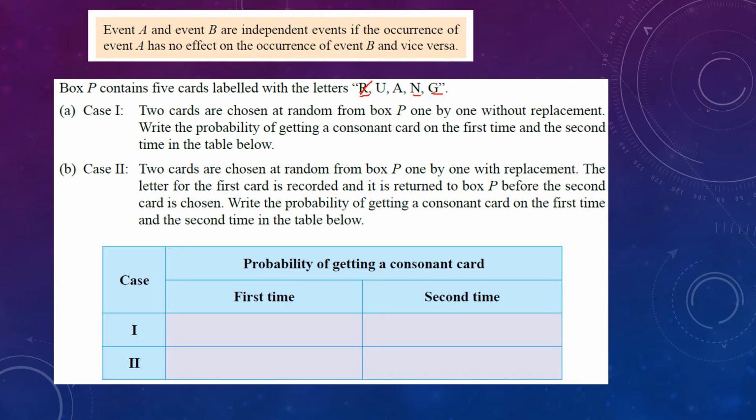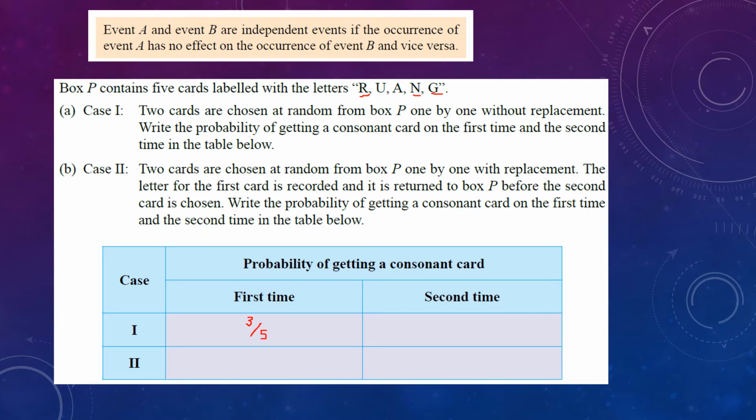So you will be left with N and G. So for the first time that you pick, you will have 3 consonant cards, including R, out of 5 letters. So 3 over 5 is the first probability for choosing a consonant card the first time.